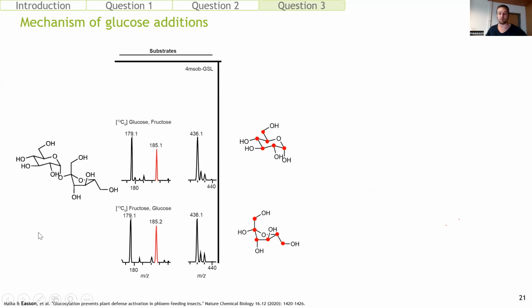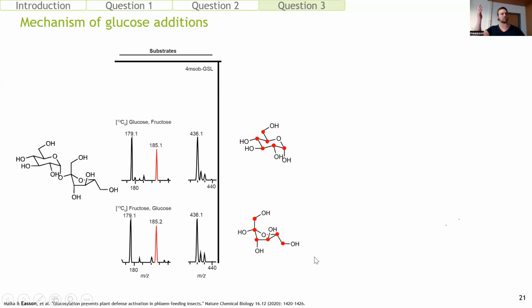And what was present within these artificial diets was sucrose, because it has to be there. These insects need sucrose in order to survive and feed properly for any extended period of time. And also, of course, our acceptor molecule, our phloem glucosinolate. But the thing that was variable that we added were various sugars, being fully carbon-13 labeled glucose and fully carbon-13 labeled fructose.